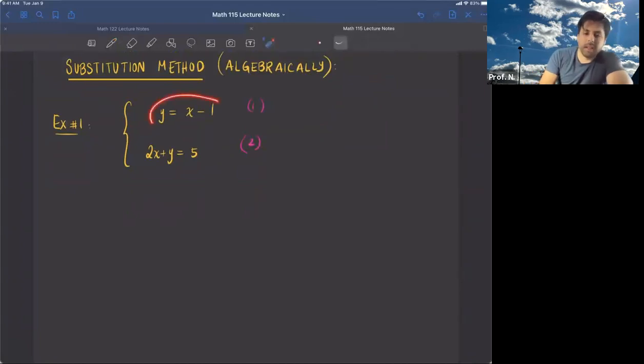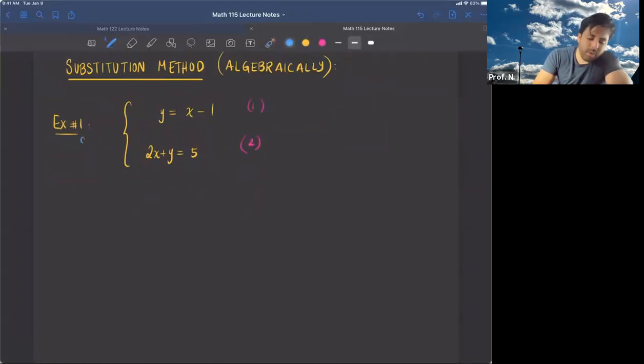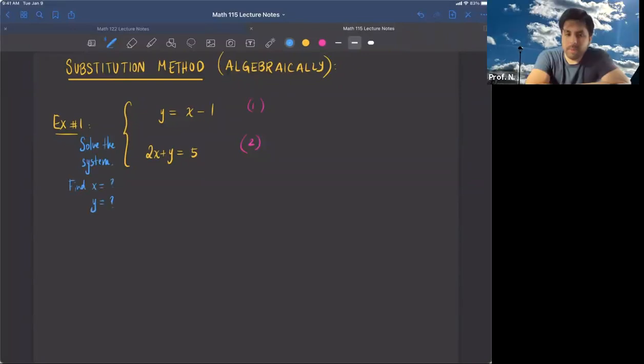Because I have the first equation being a line, and the second equation being a line. And I want to solve the system. What does it mean to solve the system? I want to find what x equals and what y equals, so that the two equations are true.